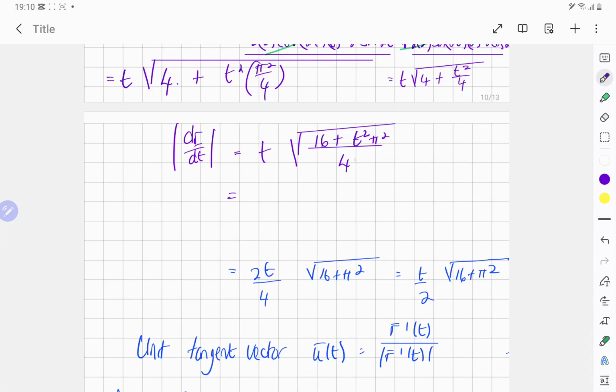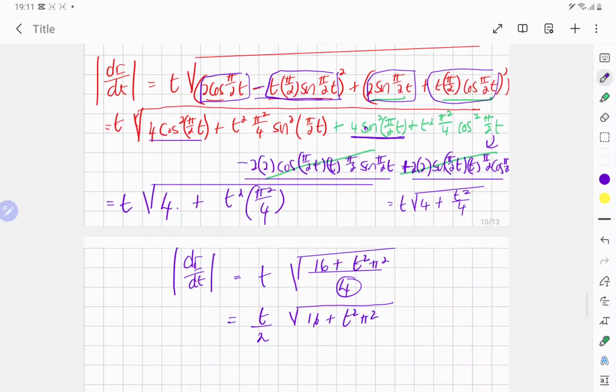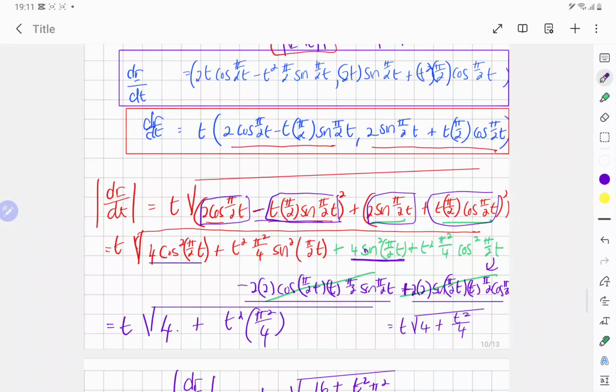Now what I do, square root of 4 is 2. So what do I do there? I will say it is 2 over 2, 16 plus t squared pi squared, under the root. Square root of 4 is 2, and I have that on the outside.